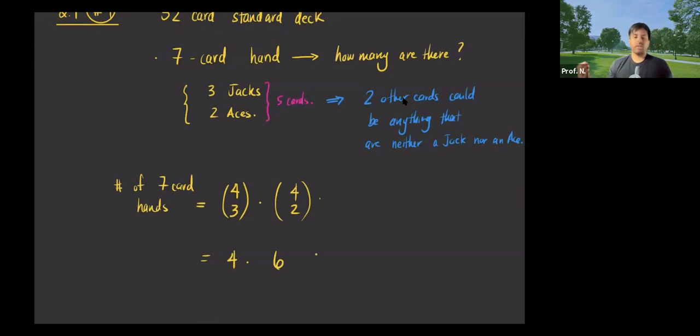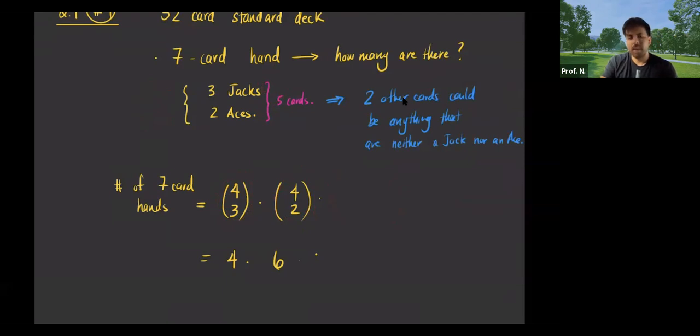But then the rest of the cards, how many cards do I have left that I don't include? If I have 52 cards and a total of four jacks and four aces, the rest of the hand cannot be a jack or an ace again, because this number here already includes the requirement of having three jacks and two aces.